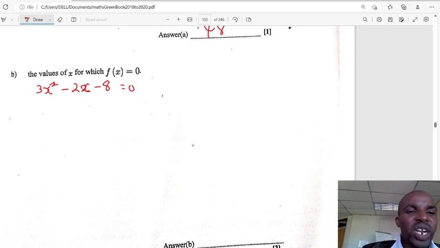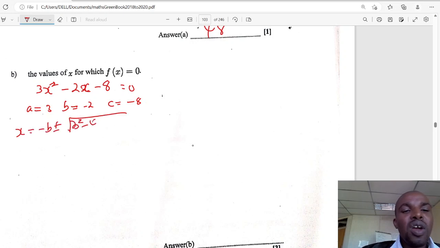Let me just use the quadratic, because you just want to find the values of x. So a is equal to 3, b is equal to minus 2, c is equal to minus 8. So x is equal to minus b plus or minus the square root of b squared minus 4ac, all over 2a.